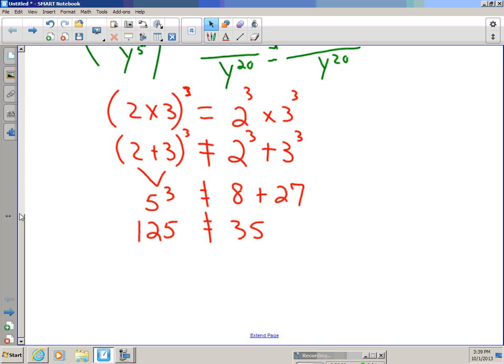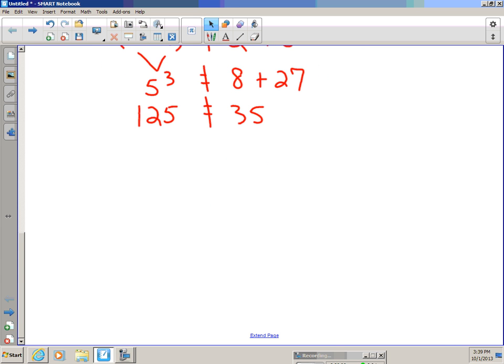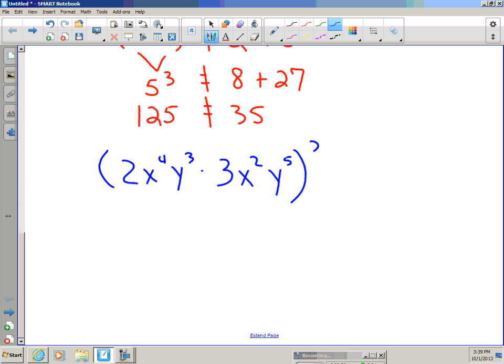One further example that I want to demonstrate with this power to a power rule is an example as follows. I have 2x to the fourth, y to the third, times 3x squared, y to the fifth, and all of that is raised to the second power. A natural inclination is for students to distribute this 2 to all 6 of the different bases here.